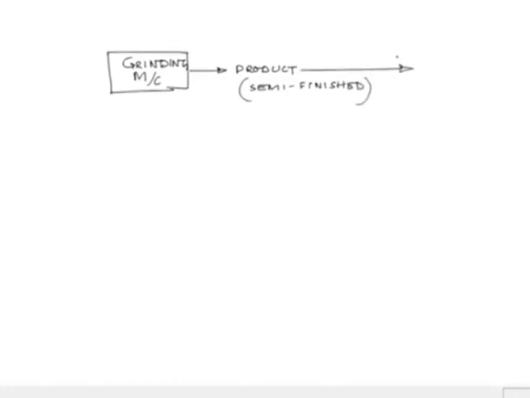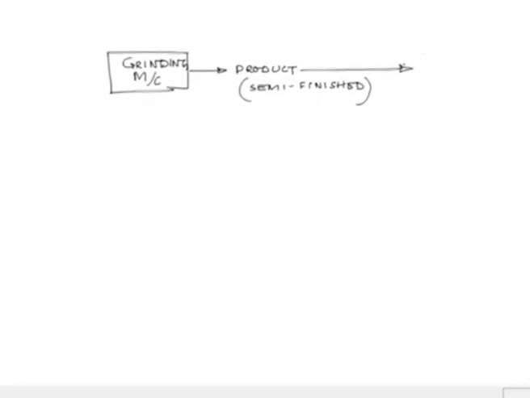Then whatever we are getting as the output from the grinding machine, this is the product. This product again is a semi-finished product only, because it does not meet the criteria of the hardened surface.